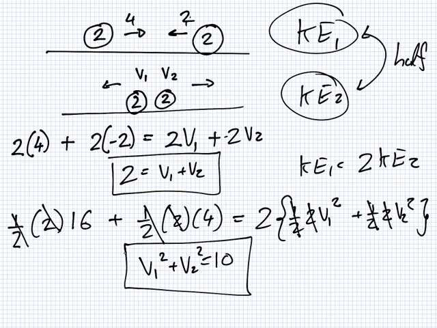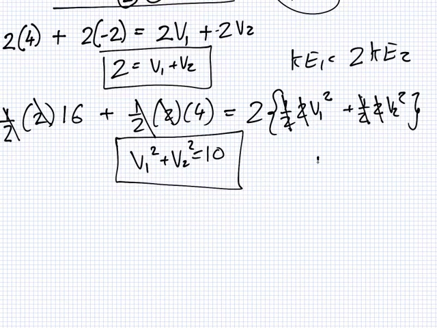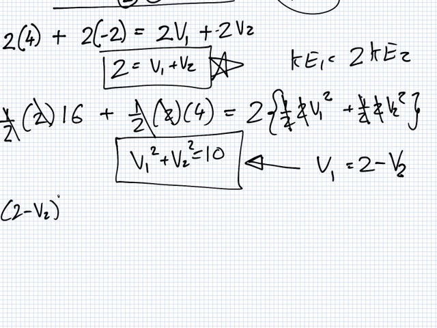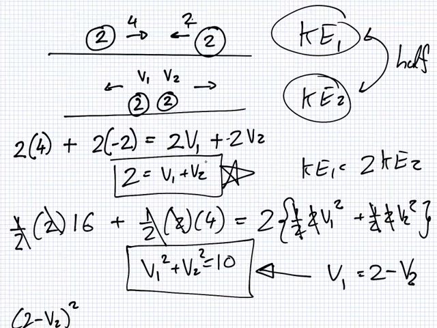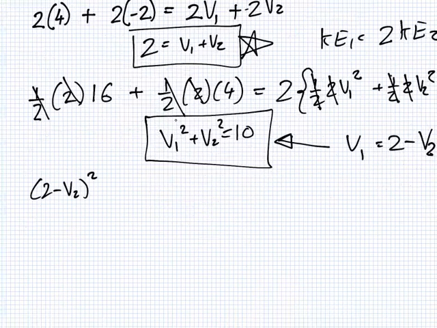That's it, yeah. You can say V1 equals 2 minus V2 from this and put that in here. So you get 2 minus V2 squared. Oh, and before I continue, I should say that I expect V1 to be negative and V2 to be positive. So I'll just say that before continuing.